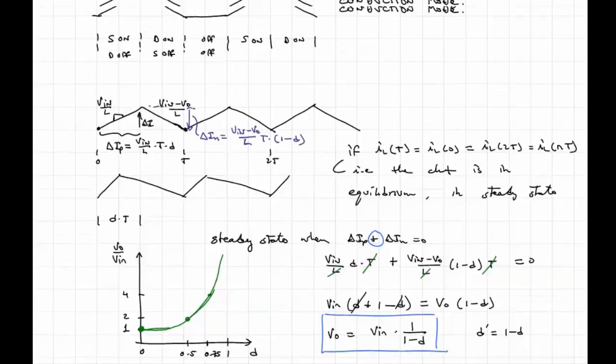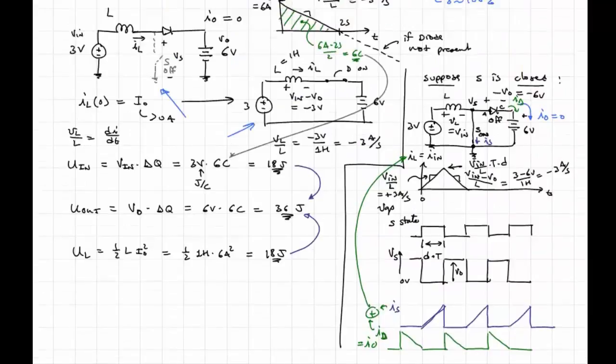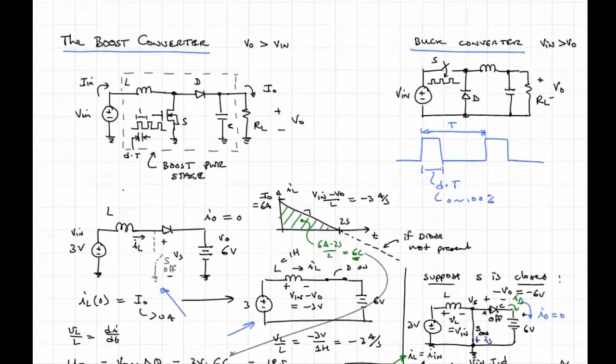One of the main reasons is that when you look at this original boost circuit, notice there's nothing lossy in it. I have no resistors, so there's no place for energy to be dissipated other than the load itself, which is represented as a resistor. And dissipating power in the load is fine. We've achieved our goal. We've delivered power to our load.